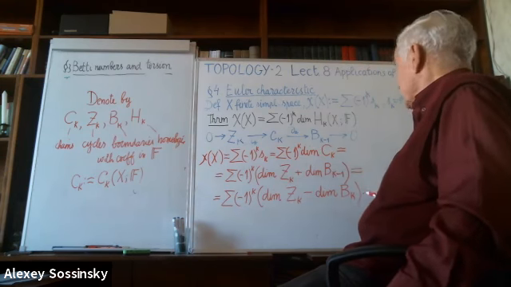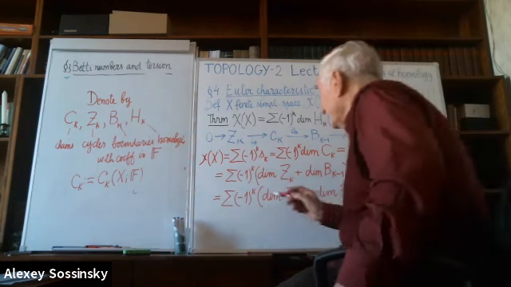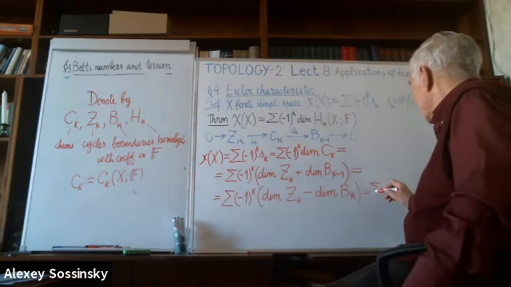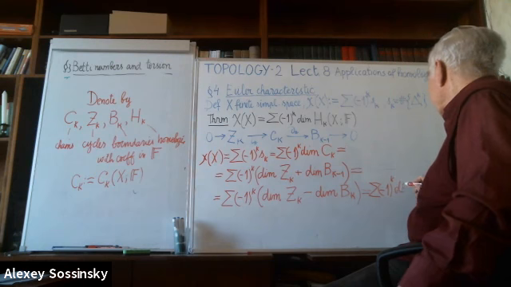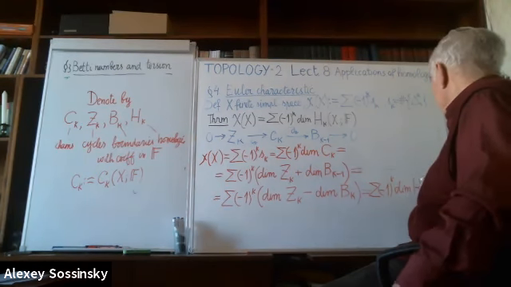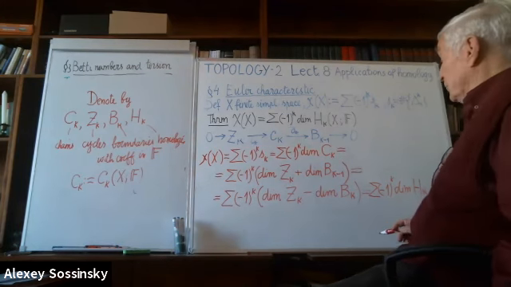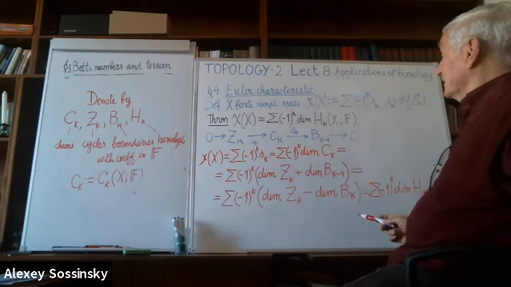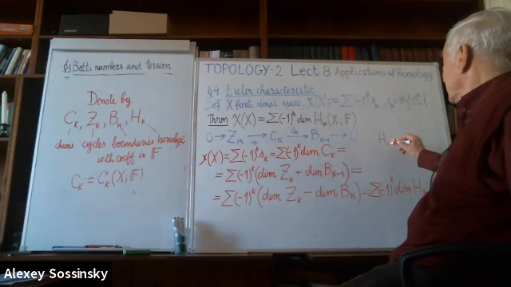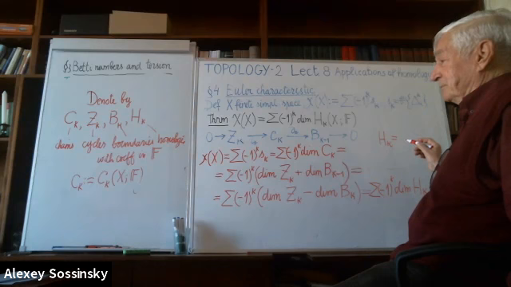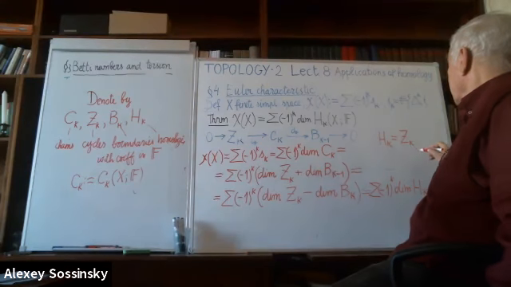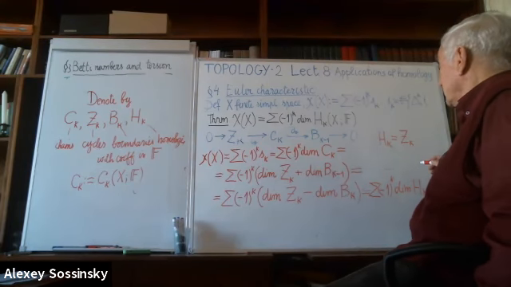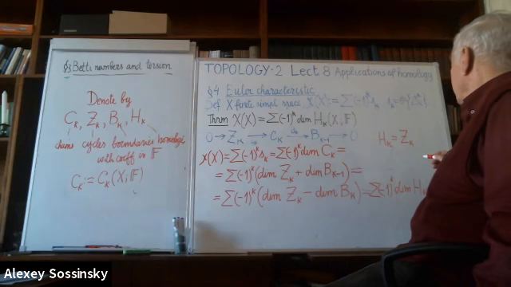And now this is obviously the sum of the dimension of Hk, because what is the homology group? Hk is just Zk by Bk.